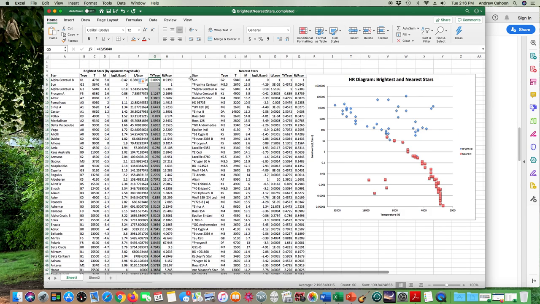The same thing would be over here for temperature. But now instead of using these temperature data, you'll use these temperature data for the nearest stars.